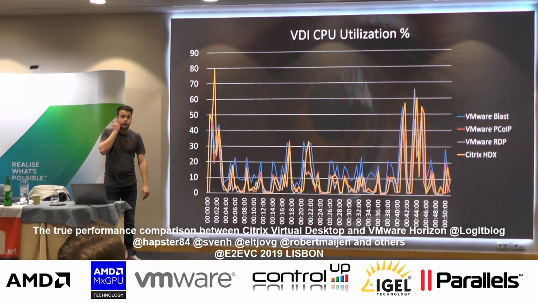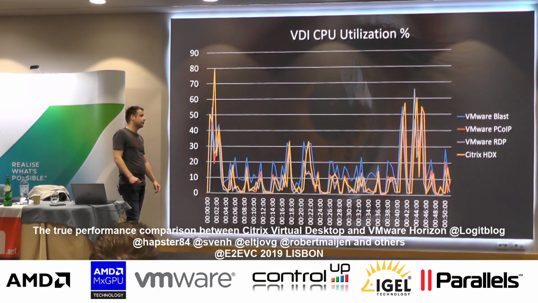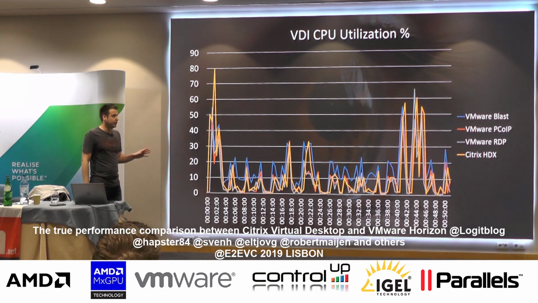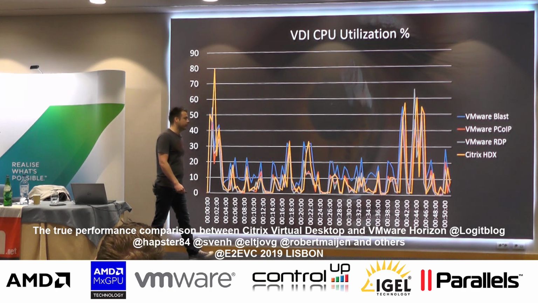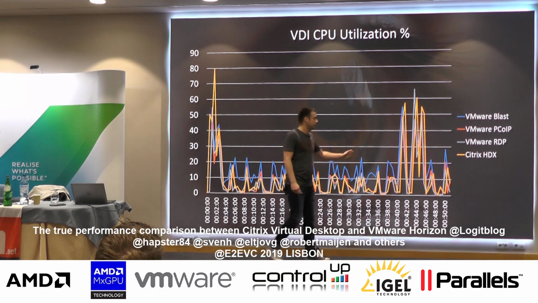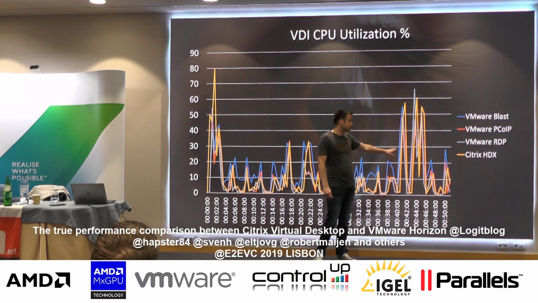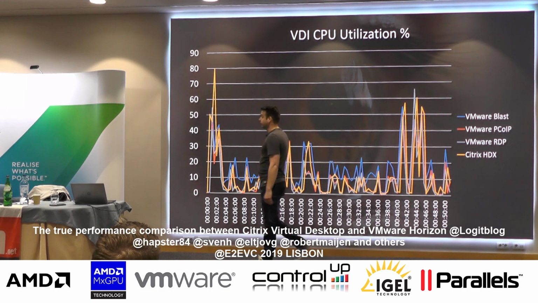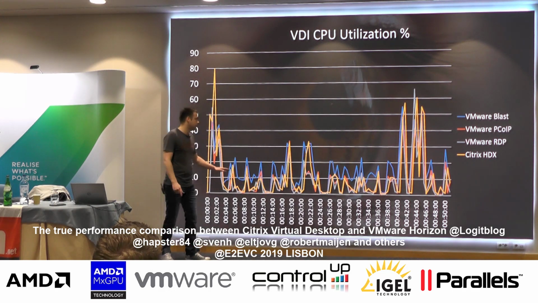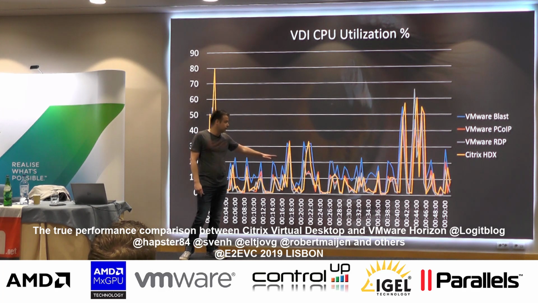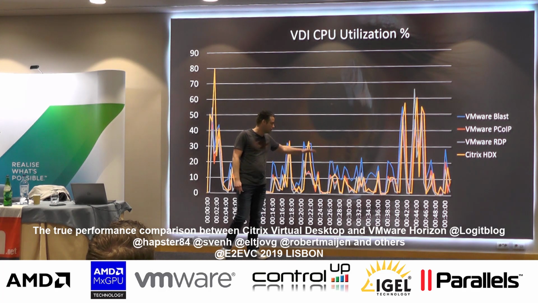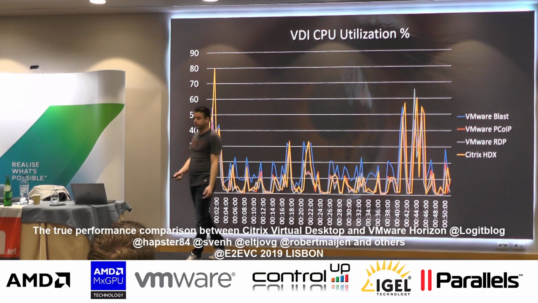So looking at the utilization within the VDI itself, the important thing here in the line graph is that the pattern is similar. Here you can see the spikes, and these are the 3 videos that we are running. What you can see here is that with RDP and PC over IP, the blue one, the BLAST, got a little bit higher utilization.